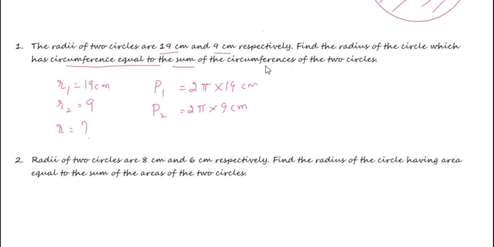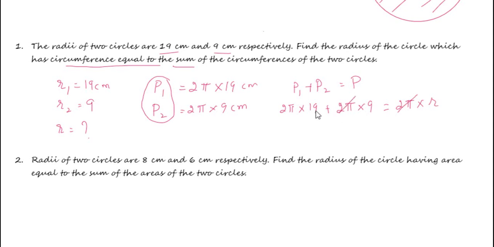Perimeter of the third circle is sum of these two perimeters, that is P1 plus P2 equal to the perimeter of the new circle, that is 2 into pi into 19 plus 2 into pi into 9, that is equal to 2 into pi into r, where r is the radius of the new circle, which we need to find out.